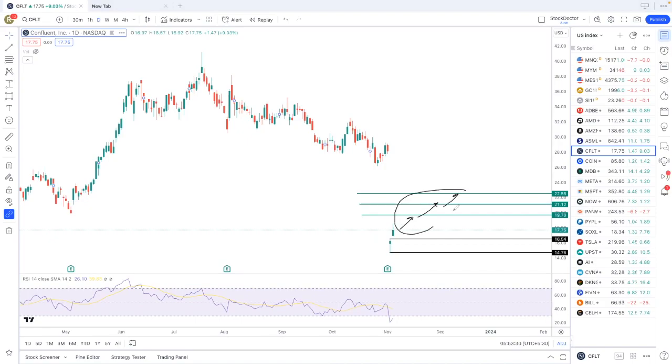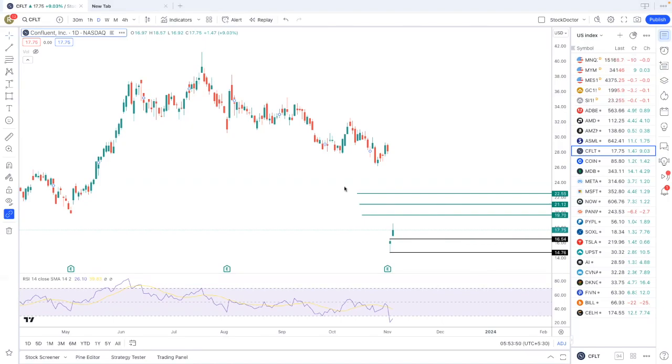These are the three upside targets for CFLT, and the important support area for CFLT is between 14.75 to 16.50. If it goes below this area, then more downside targets are on the cards for CFLT.